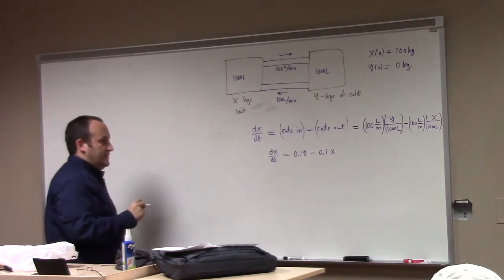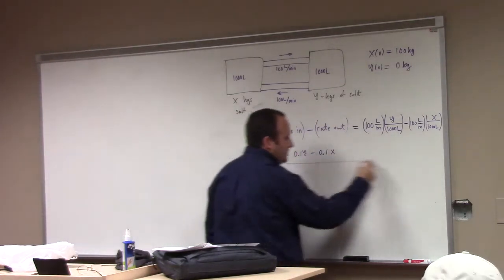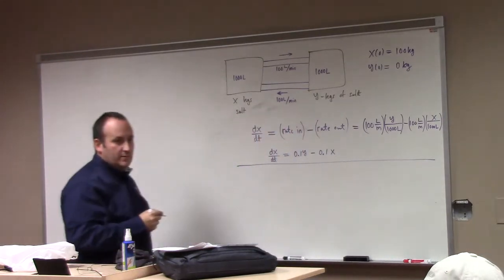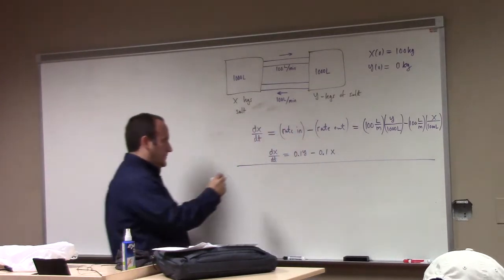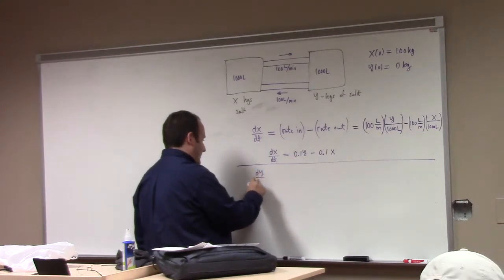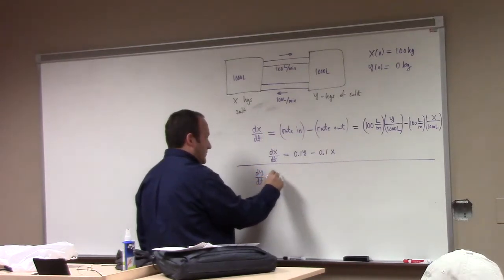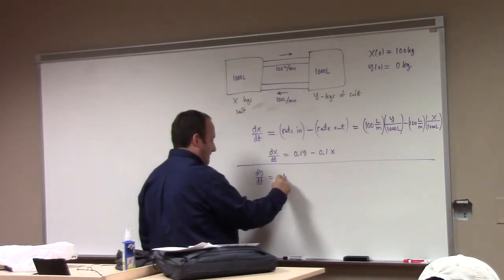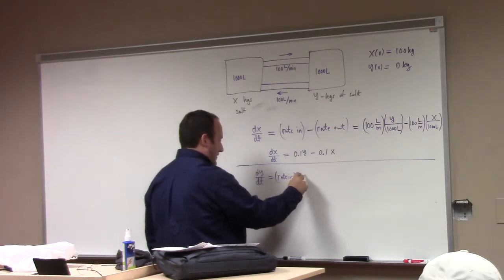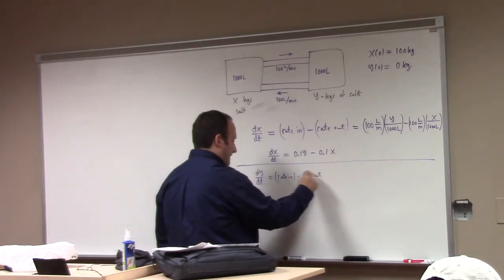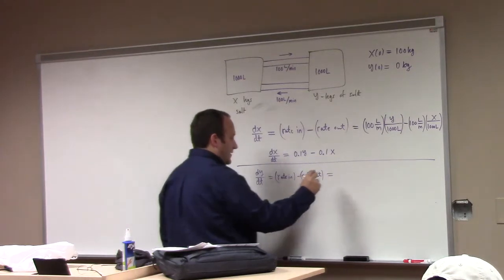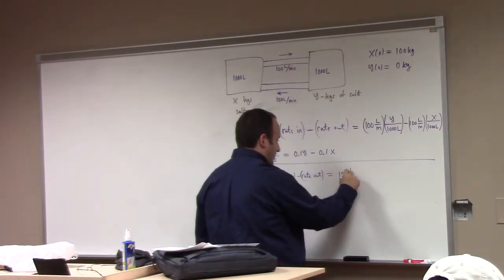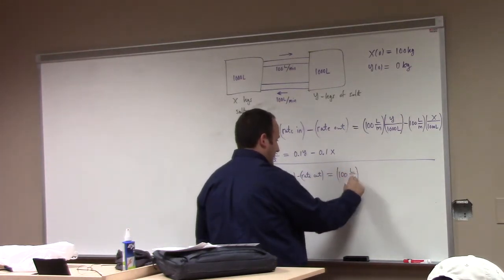And in a similar fashion, we can find the equation for dy/dt, right? So in the same fashion, dy/dt should be the rate in minus the rate out, which when we think about y, we've got 100 liters per minute, right?